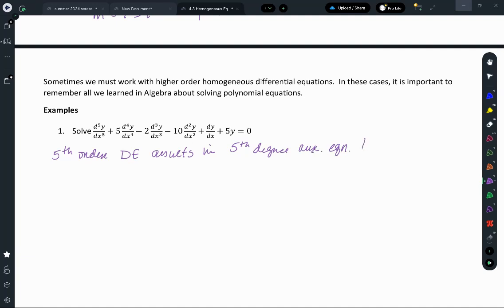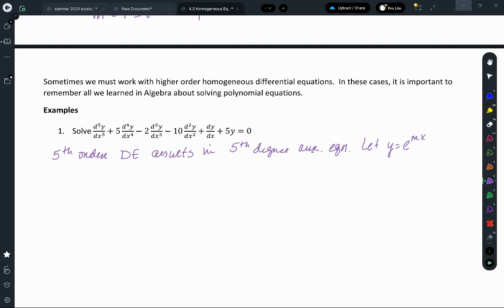Okay, we're going to let y equal e to the mx, and I'm not going to calculate the 5 derivatives. I'm going to plug them in. We know that each y prime has just m as a multiplier. Y double prime has m squared as a multiplier. Y triple prime will have m cubed. Y to the fourth will have m to the fourth, and so on and so forth.